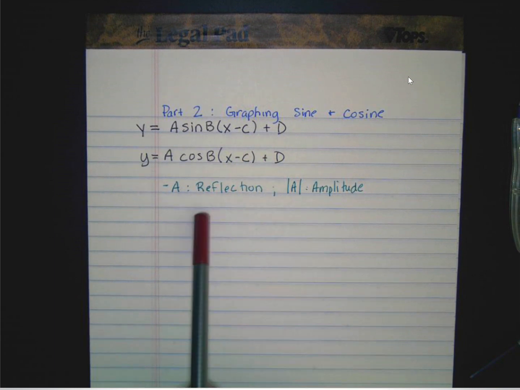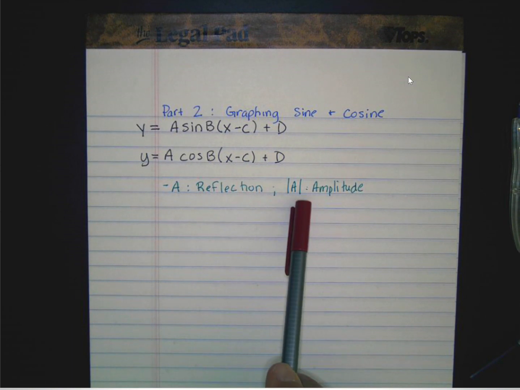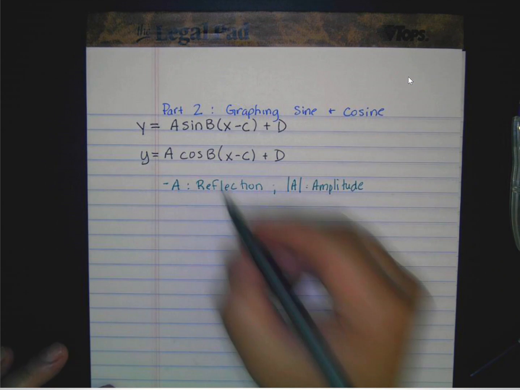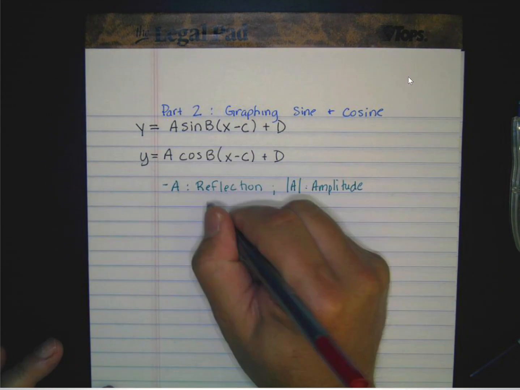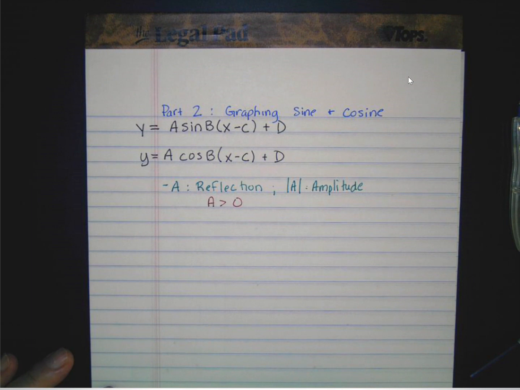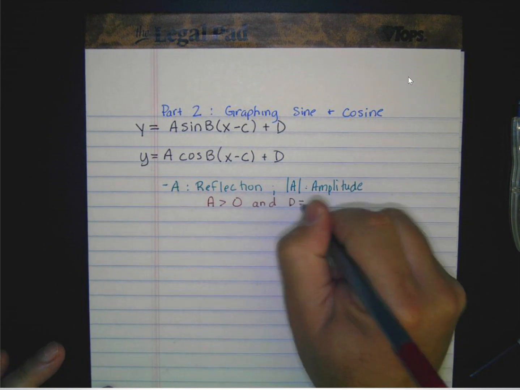So A is just like it always was. If it's a negative A, it's a reflection. The absolute value of A is the amplitude. That's how high each wave or crest is, if you remember from the last set of notes. Now, if A is greater than 0, in other words positive, and D is 0, that's important, because D is our midline.